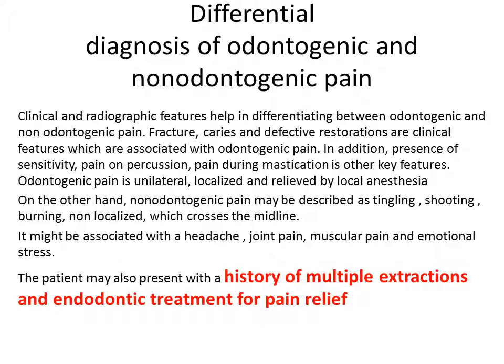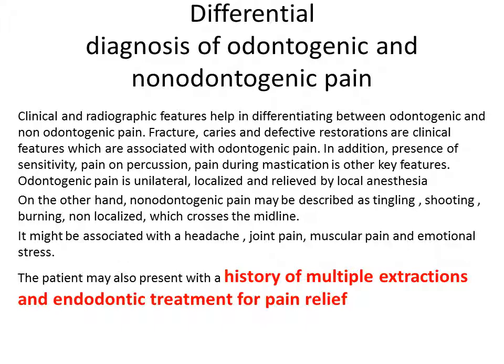A careful extraoral look is also needed. You should look as a dentist: is the face symmetric or not symmetric? All these notes should be written. A good history is needed.